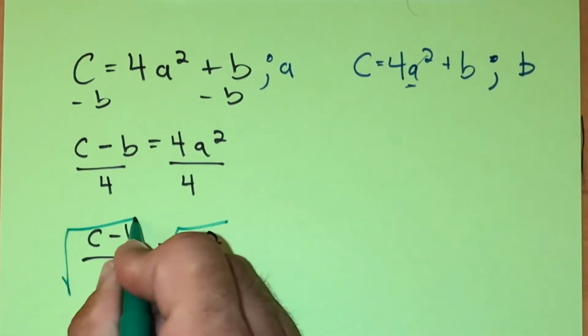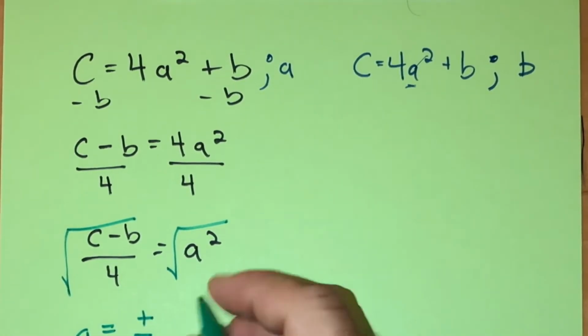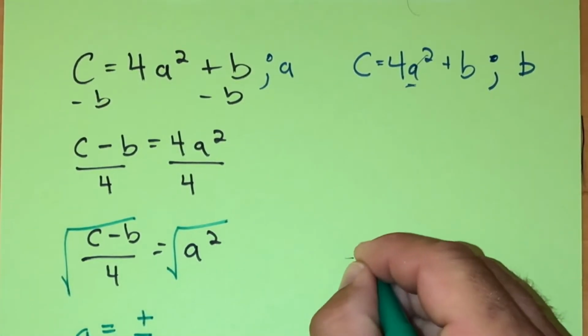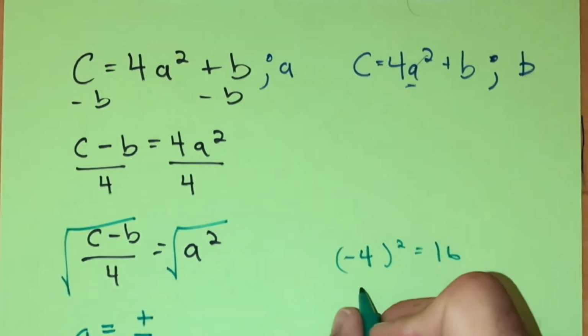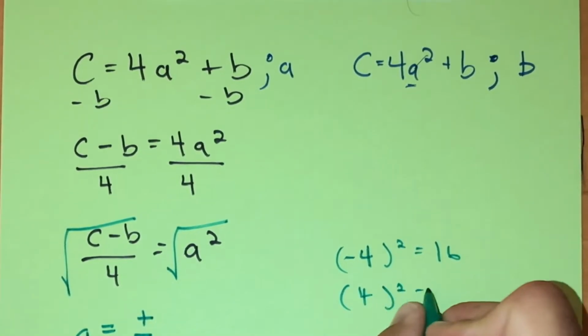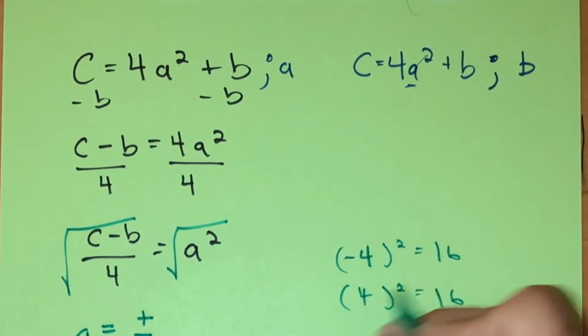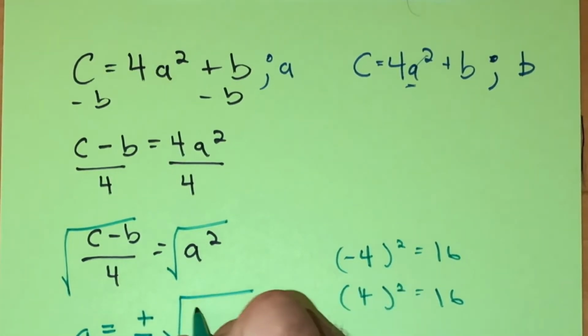So we'll do that to both sides, and we'll get a is equal to, and it's important to put plus or minus, because remember that negative 4 squared is equal to 16, and 4 squared is equal to 16. So you have two answers, one negative and one positive. That's why we put plus or minus here: a is equal to plus or minus the square root of c minus b over 4.